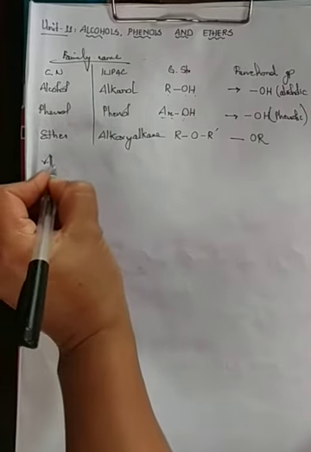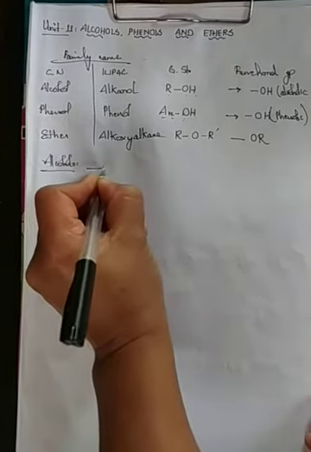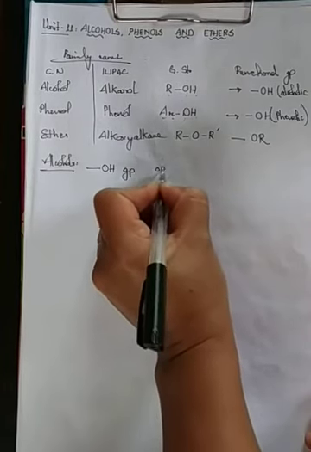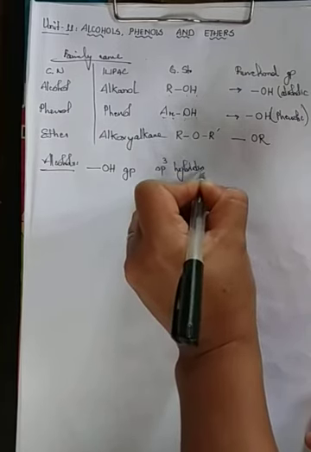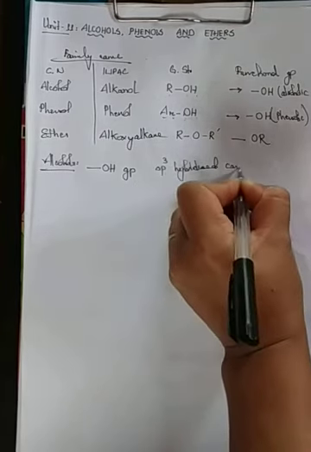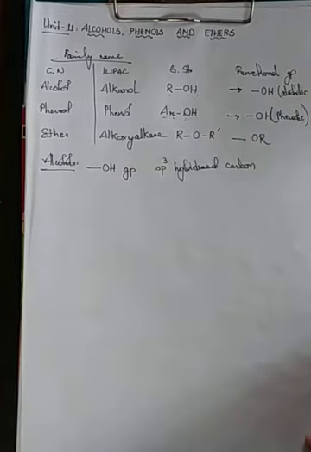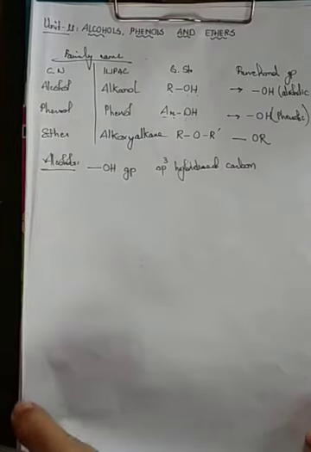Now, if we check the classification of alcohols and phenols, in alcohols, the OH group is attached to an sp3 hybridized carbon atom, and thus we can refer to these alcohols as primary, secondary, and tertiary alcohols.